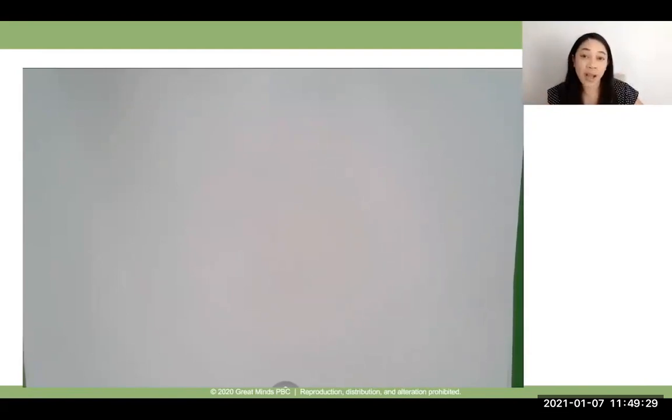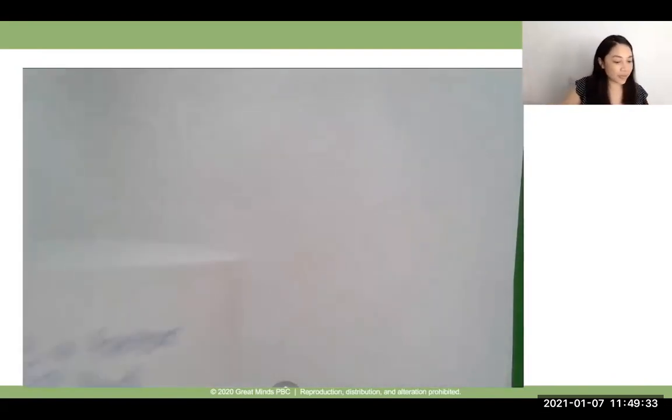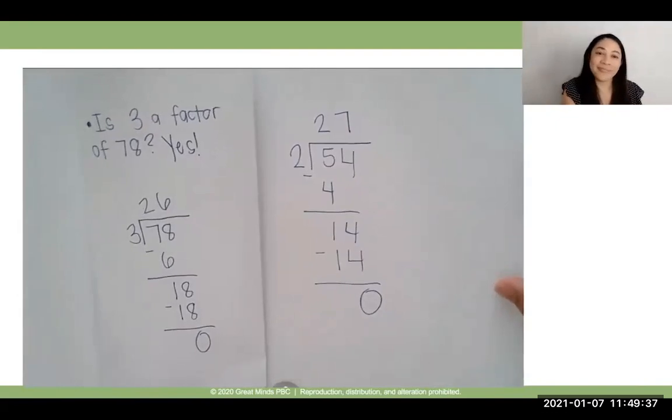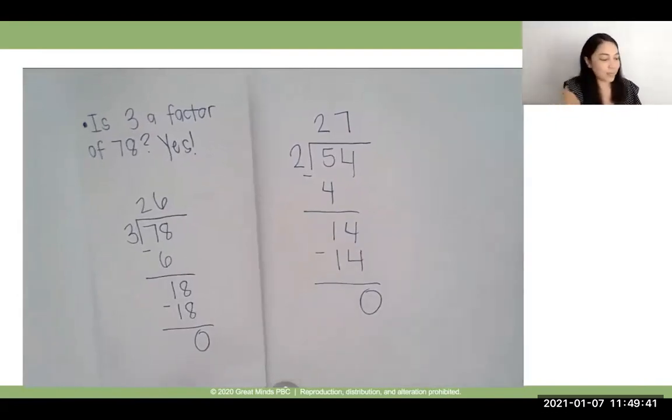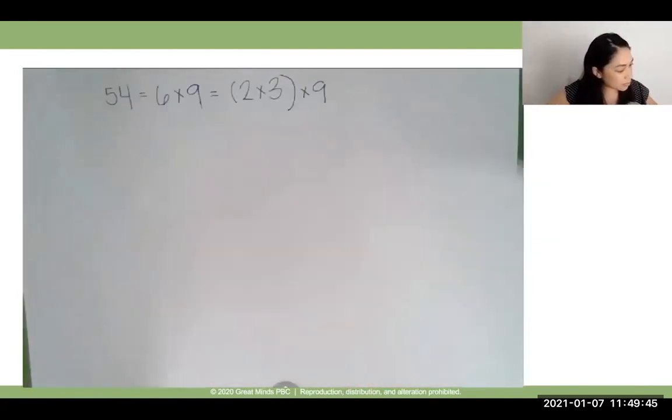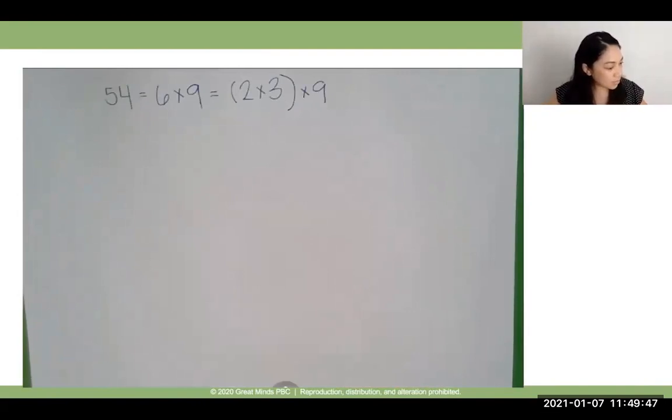Now, earlier we saw that 2 and 3 are both factors of 54. Let's look at a different number sentence. Is this number sentence true?